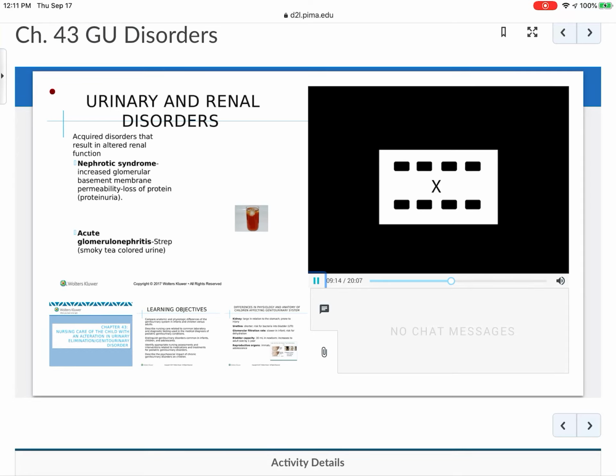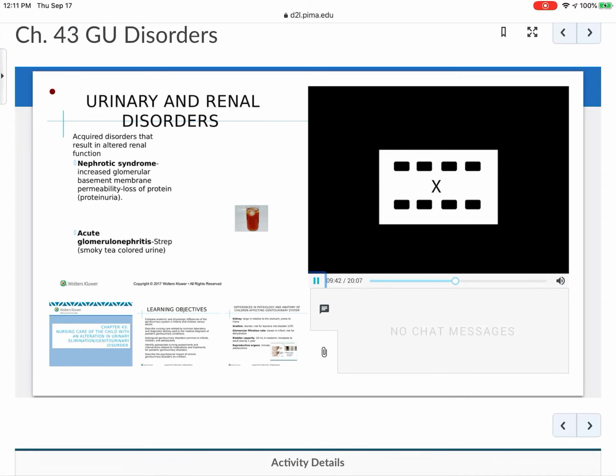Poor prognosis is something they live with the rest of their life. And usually the problem is that loss of protein. So I think I've seen 1 or 2 kids in my life with nephrotic syndrome. They are on sometimes long-term steroids, so they have the moon face, and usually have fluid electrolyte issues.